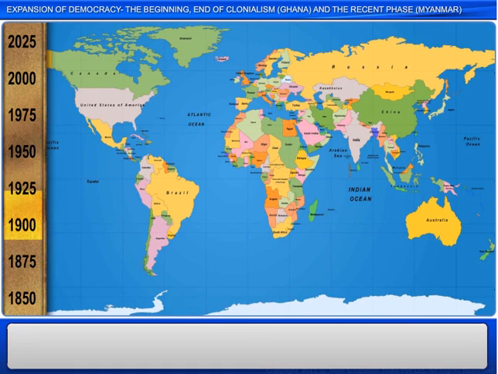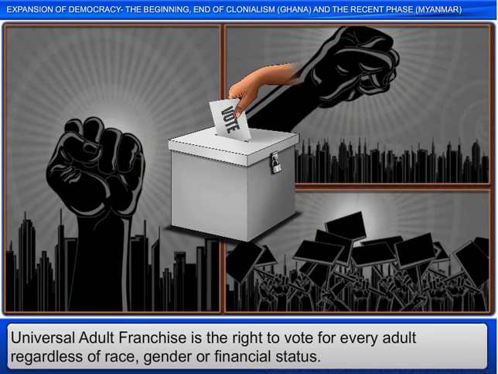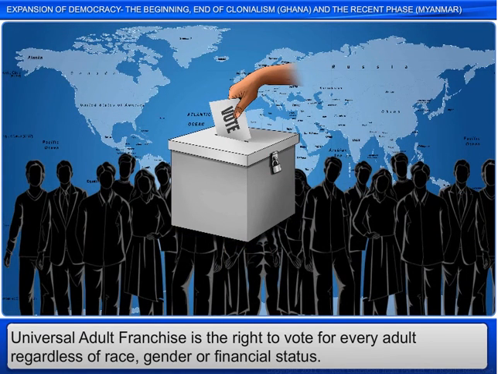In the later years, primarily in the 20th century, the struggle for democracy included the right to vote to be granted universally to all adults, men or women, rich or poor, white or black. This is termed as universal adult franchise or universal suffrage.